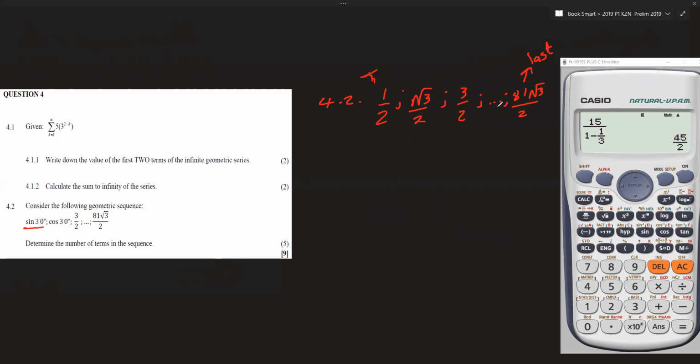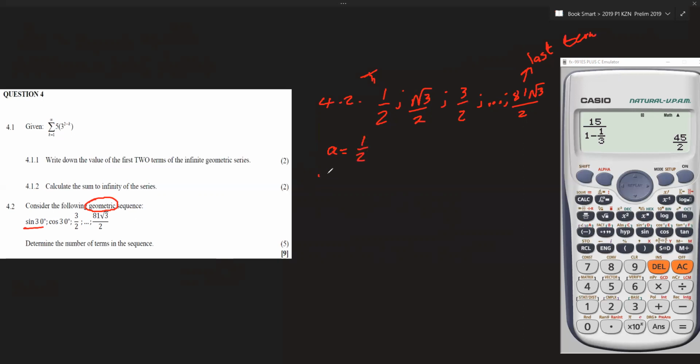You see, they gave us 3 dots. They mean there are more terms in between, but this is a finite geometric number pattern because they said here that this is a geometric sequence. It's finite, so it's ending. Before we read the question, we plan first. So I know that my A is half.